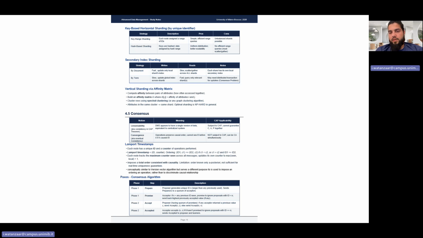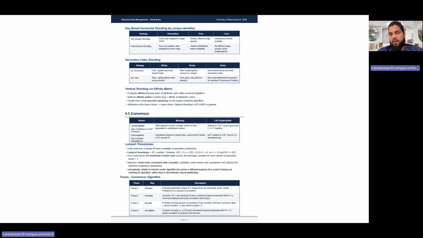Then in promise, if n is greater than any previous ID seen, the acceptor promises to ignore proposals with lower IDs. Otherwise, it sends back the highest previously accepted value, if any.